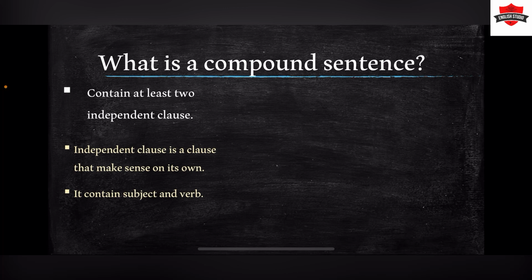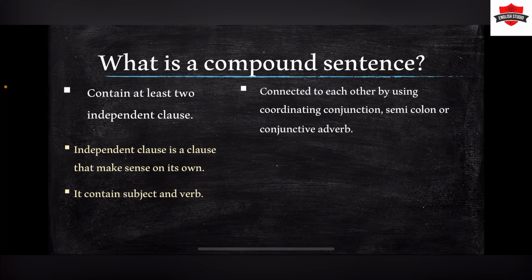Another important thing we need to form a compound sentence is that both the independent clauses are connected to each other by using coordinating conjunction, semicolon, or conjunctive adverb. We can use both type, that is the coordinating conjunction and conjunctive adverb, to form a compound sentence.